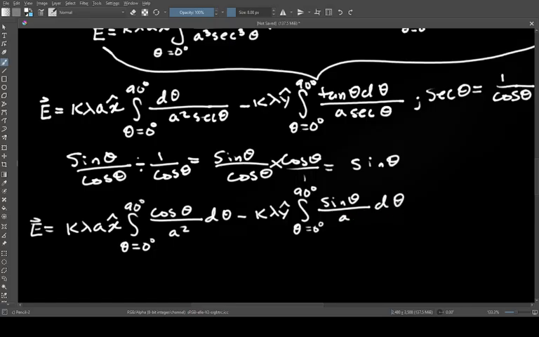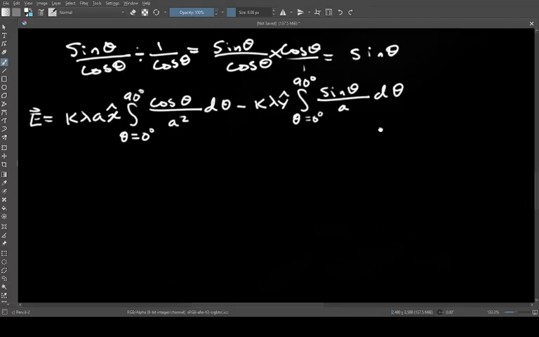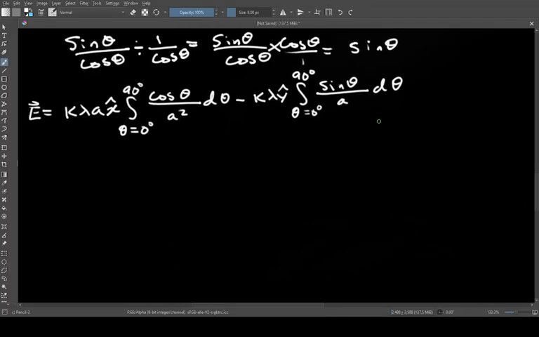Now, we can pull the constant A out of this integral. So if you pull these out, note that A over A squared is 1 over A.